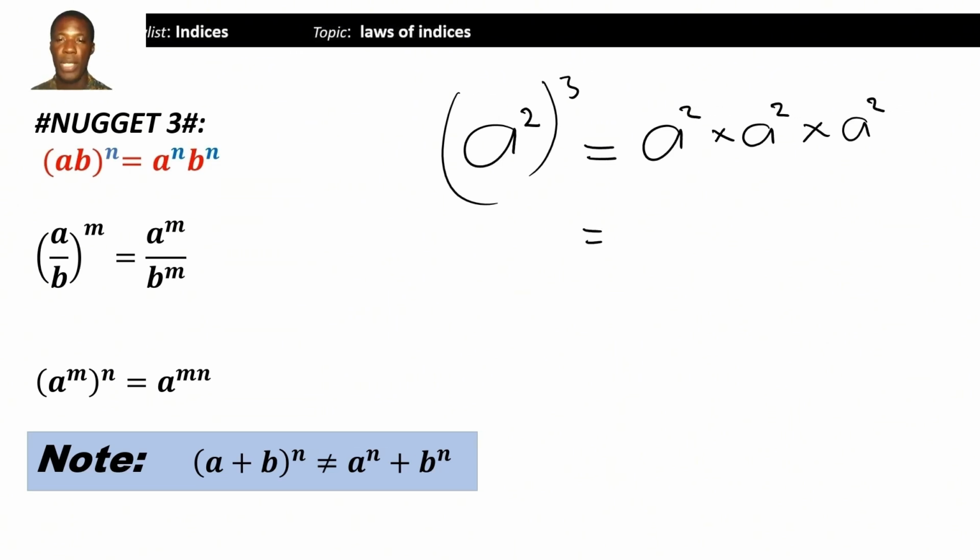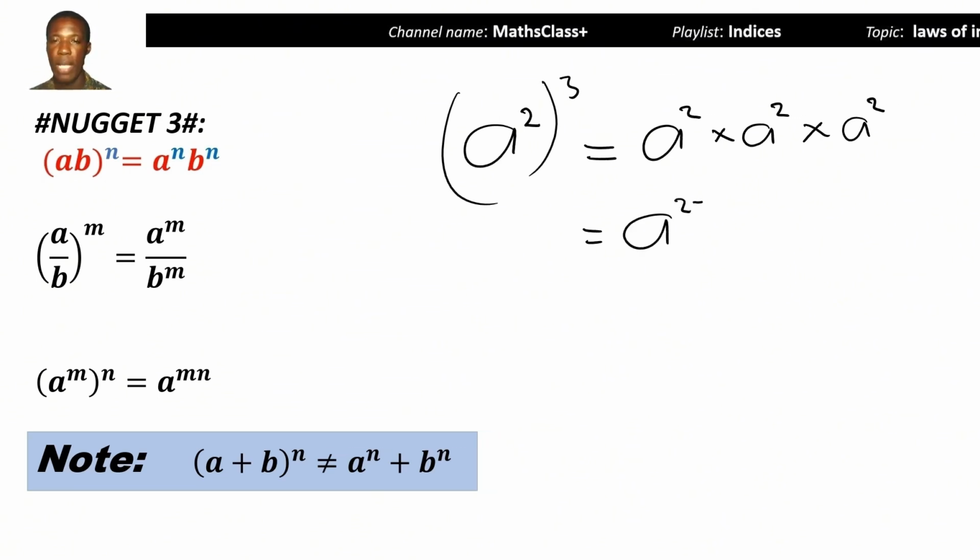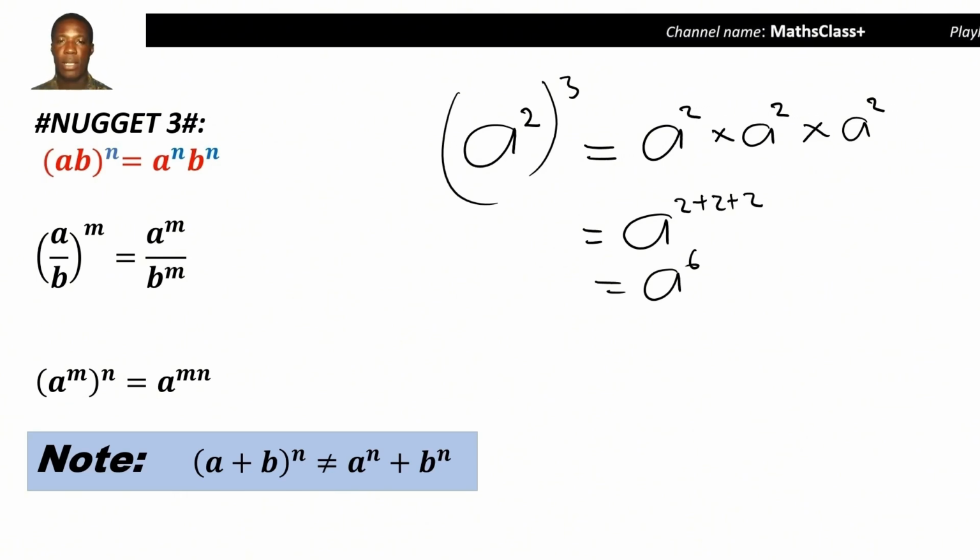Now if we apply the multiplication law, the first law that we looked at, then the same base multiplying, we add the exponents. That gives us a to the power 2 plus 2 plus 2, which is a to the power 6. Now when you look at the 6, and then the 2 and 3, we are relating the 6 to this 2 and 3. So the connection is that the 2 multiplies the 3. That's what it means.